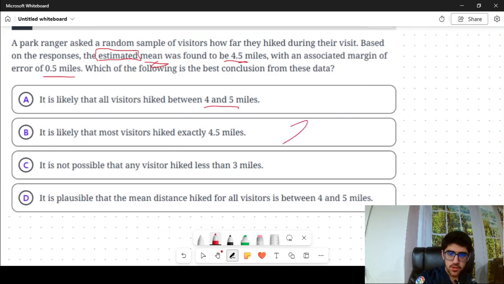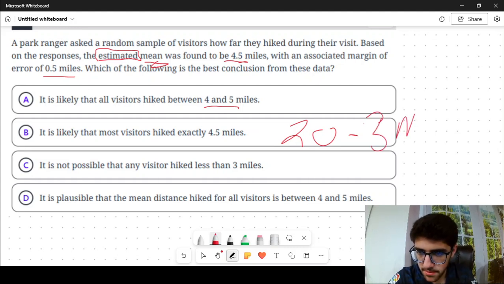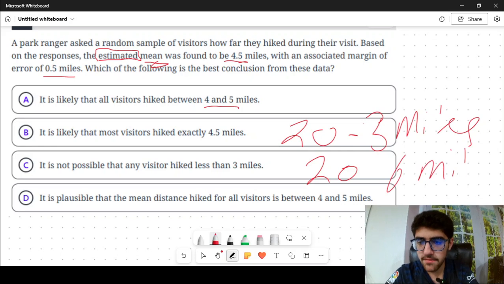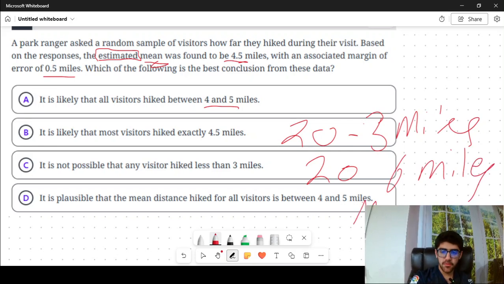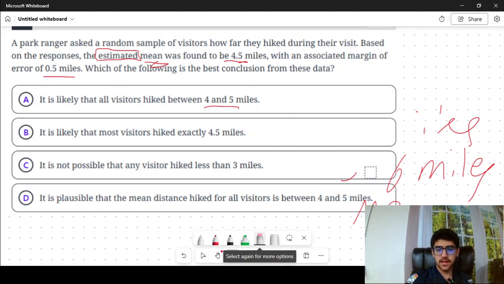You could have had 20 visitors hike, let's say, 3 miles, and the other 20 hiked 6 miles. So none of that is close to 4.5, but the mean is 4.5. The mean here is 4.5, but none of the visitors actually hiked around 4.5. So that is an example of how the data could be, which is why we can eliminate B.